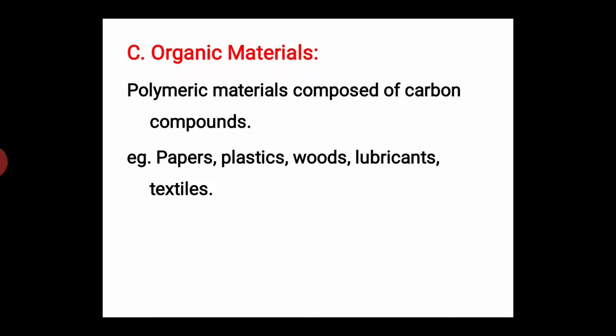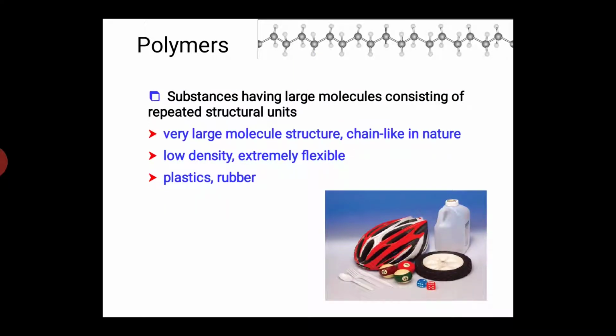This is because of the presence of carbon in the organic material, because all the polymeric materials and fuels possess carbon compounds. Hence it is known as an organic material. Then polymer.